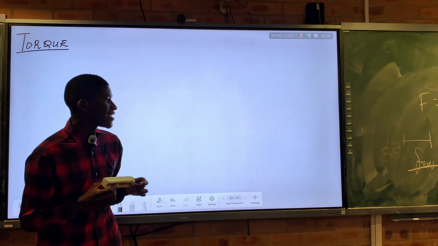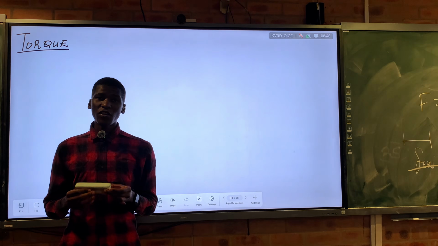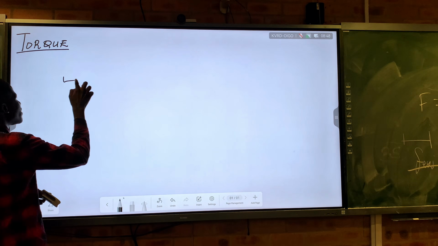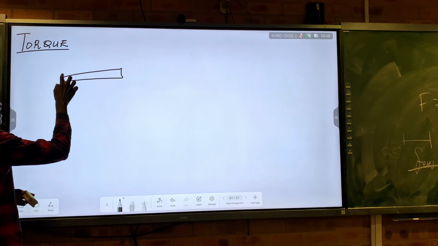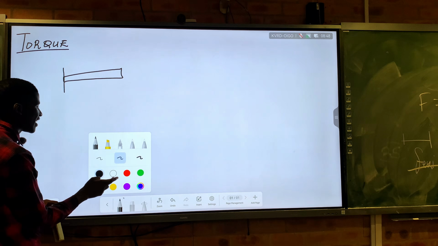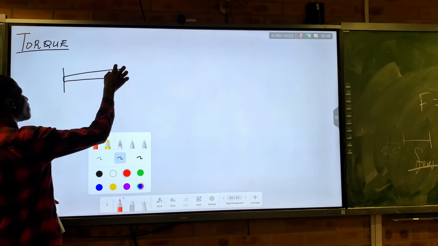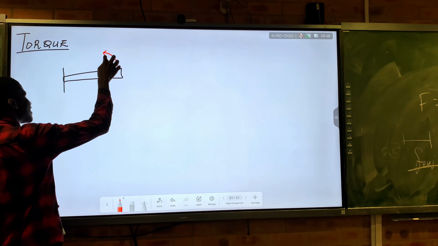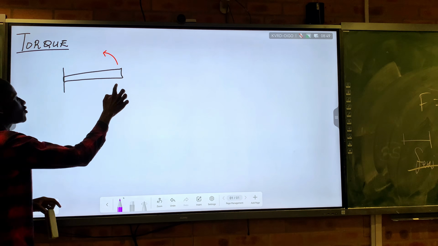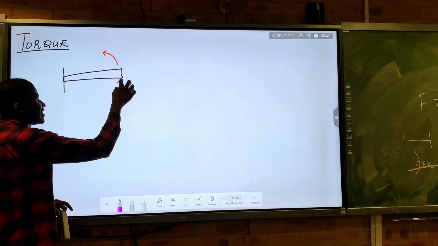Alright, so in rotational motion, we already discussed the basic concept about it. When something is rotating, let's just say this is my pivot and this is my object. I'm pivoting it here. When I'm pivoting my object and I say that it is rotating, maybe I apply a force such that it rotates. I'm going to apply it to the duster here, exactly at this point.